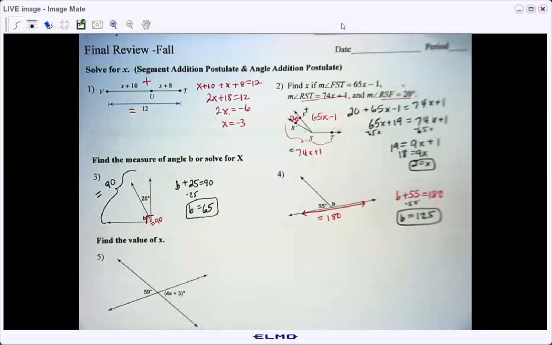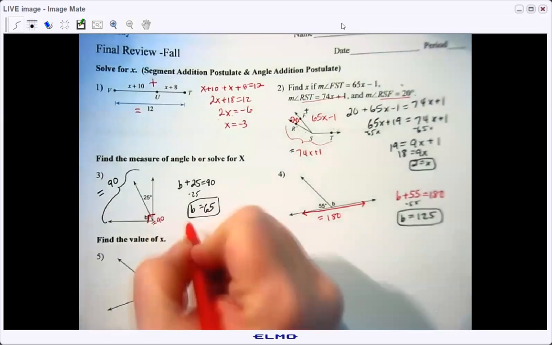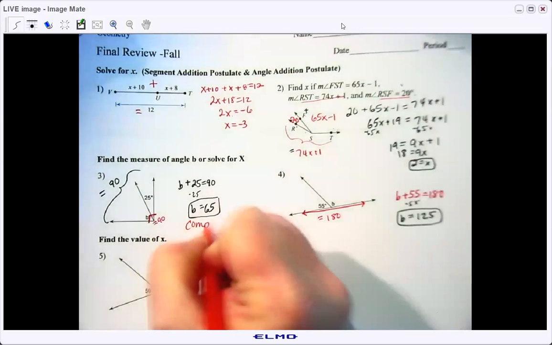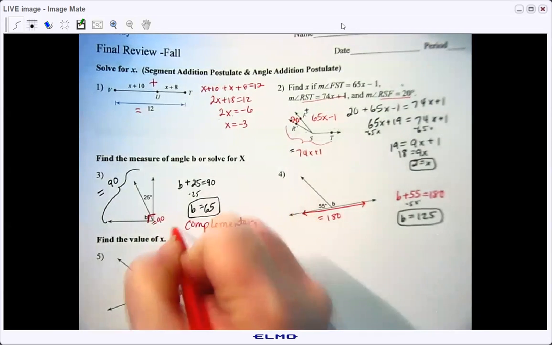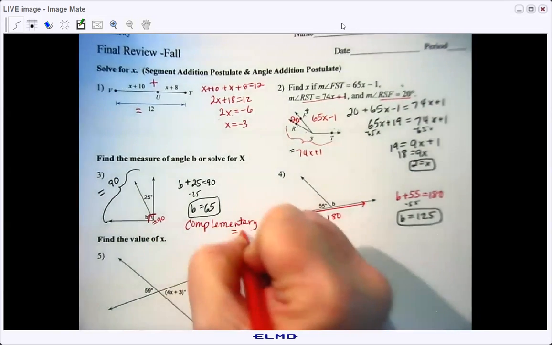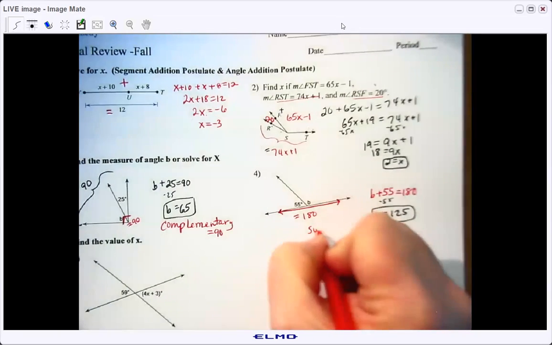But you need to know, what does it mean to be complementary? So this is complementary. Complementary when it equals 90. Two angles equal 90. This is supplementary.